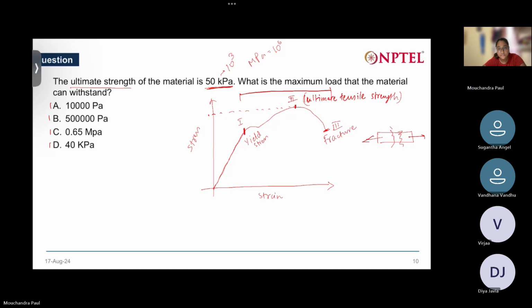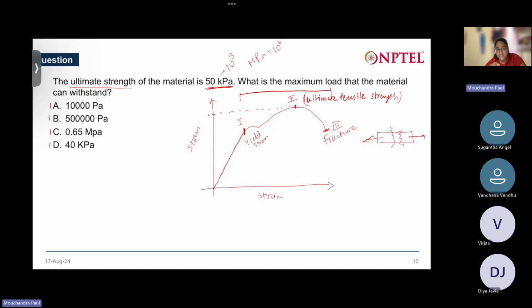Anyone? So if this is the highest stress that the material can endure, then we cannot exceed it, right? We cannot exceed this value. If we go above this value, it will immediately break.